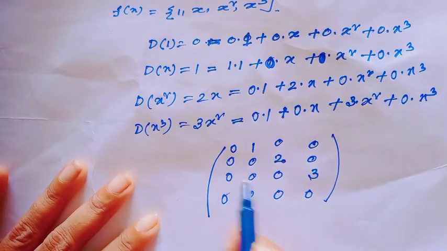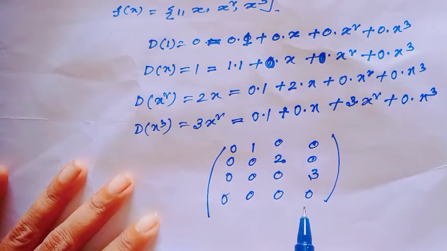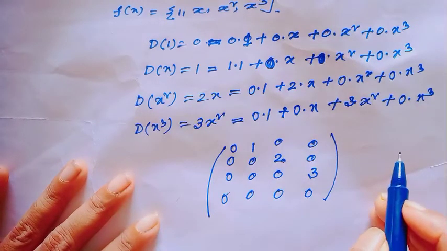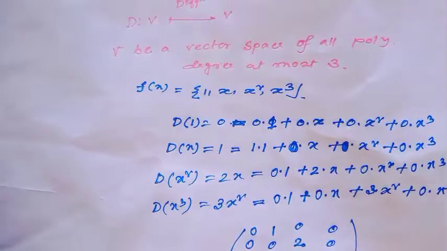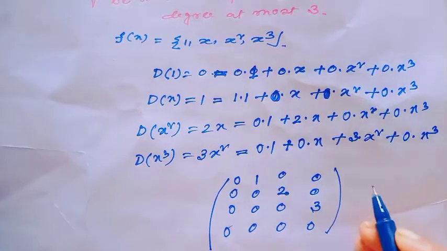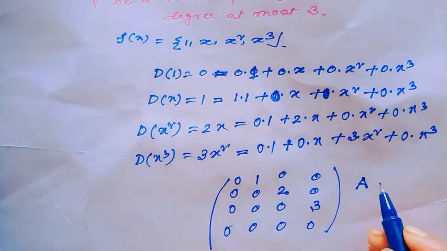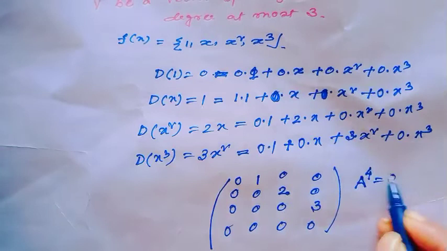And notice, obviously, this matrix would be a nilpotent matrix, and since here the differential operator is of degree 3, obviously D to the power 4 equal to 0.